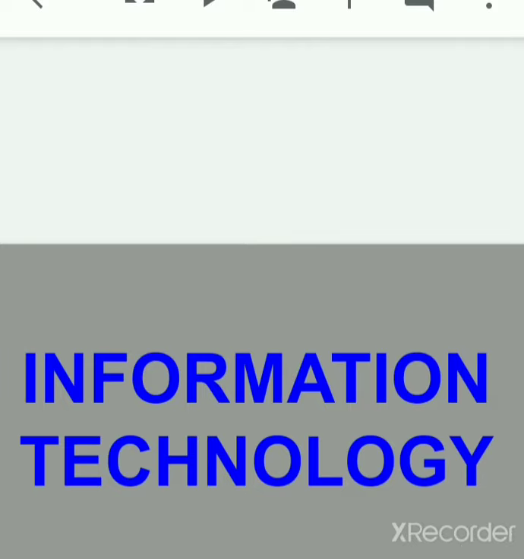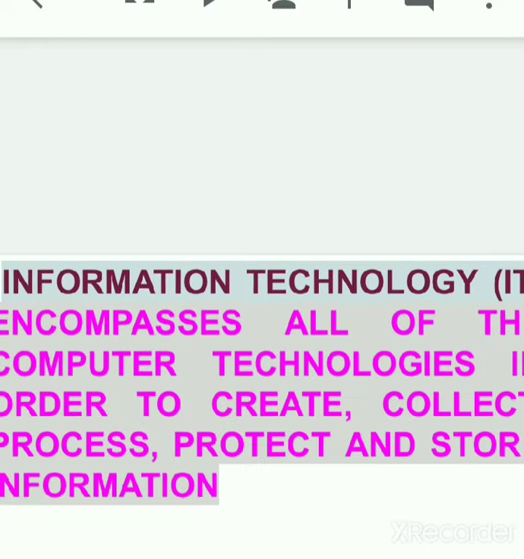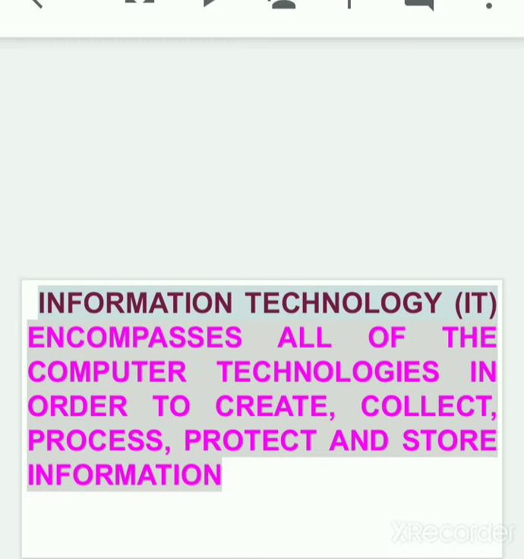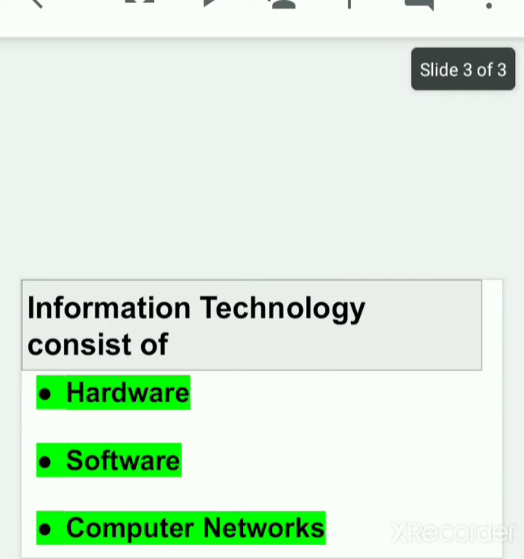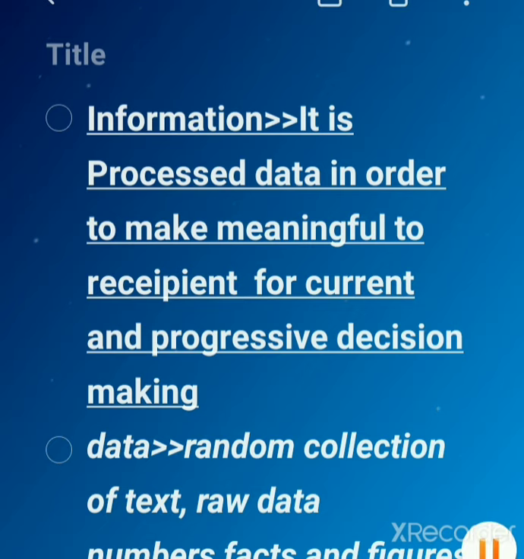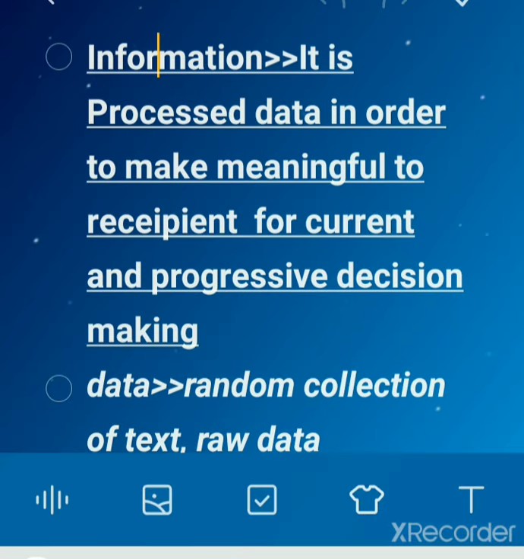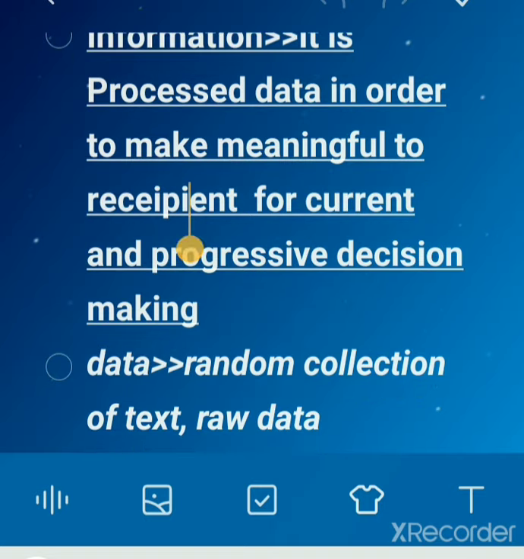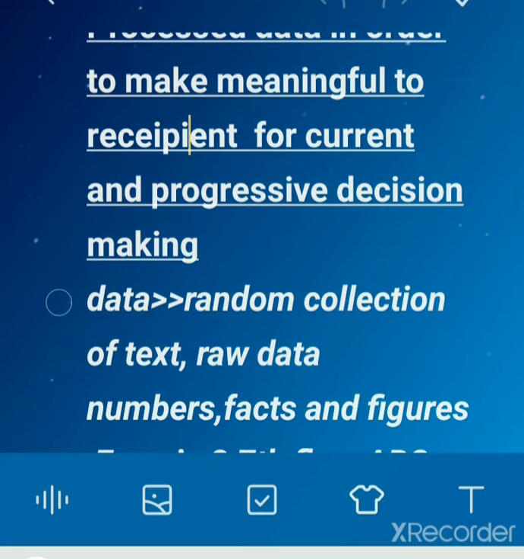Now we'll define the term information technology. It encompasses all the computer technology used to create, collect, process and store information. Information technology consists of hardware, software and computer network. Finally, information is processed data made meaningful to the recipient for current and progressive decisions.